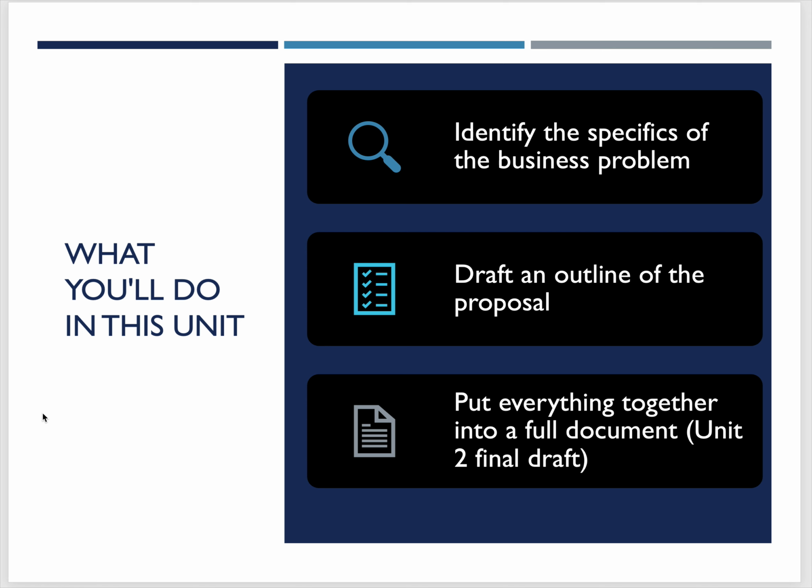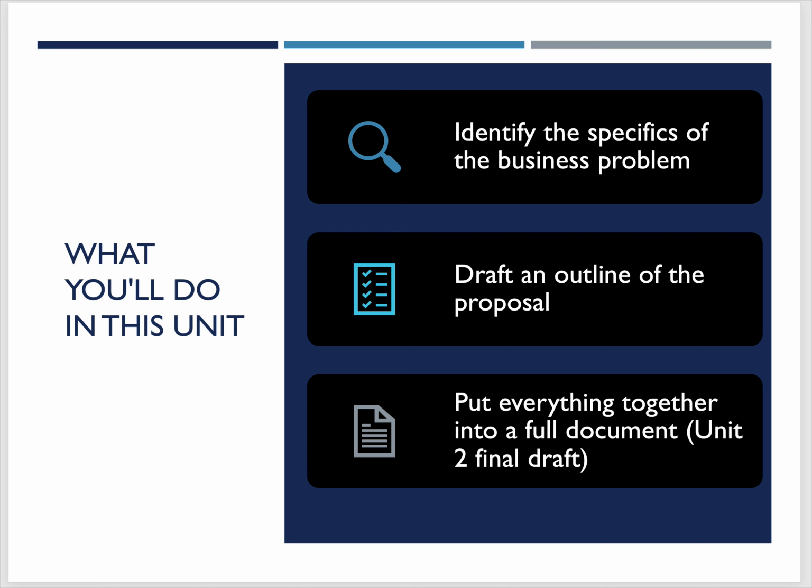I give you. And then you're going to put everything together, all of the specific information, everything else that's on the outline, into a full document, which is going to be the Unit 2 final draft, your business research proposal, and turn that in. And it will be your final document, okay?